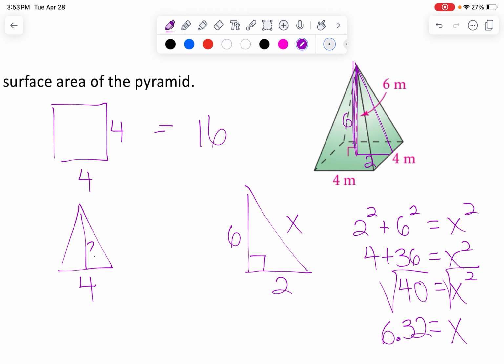Now I can use that in my formula. This is 6.32, so we've got 1/2 times 4 times 6.32. I get about 12.65.